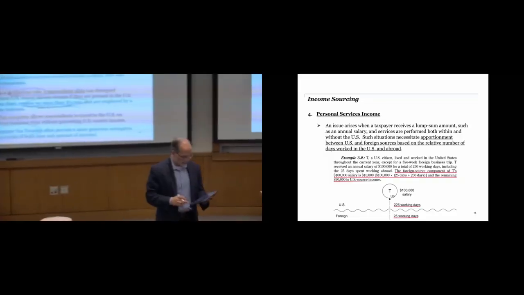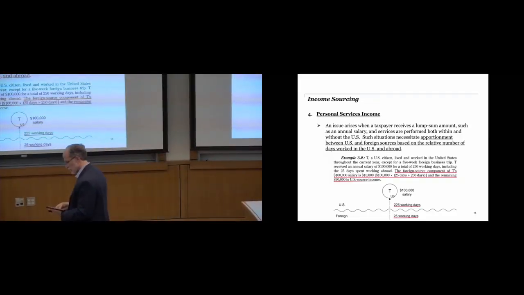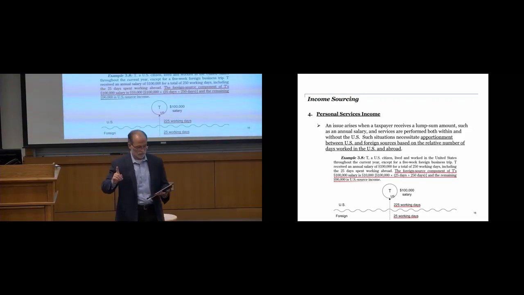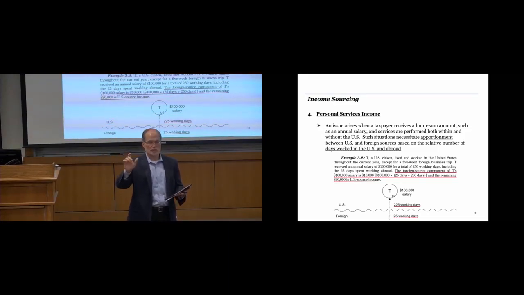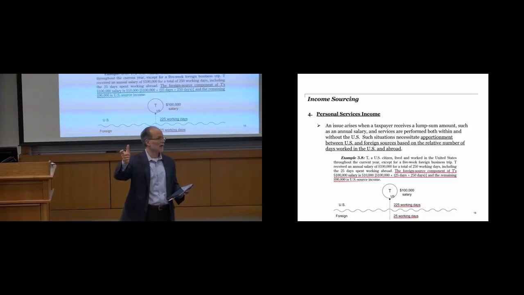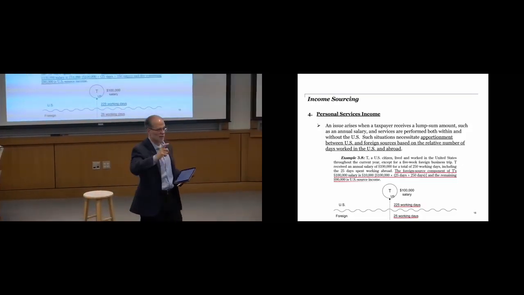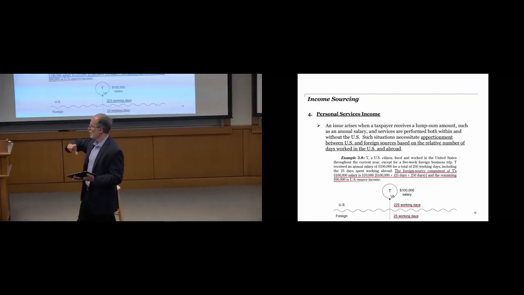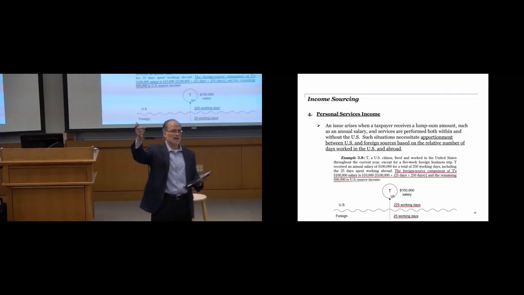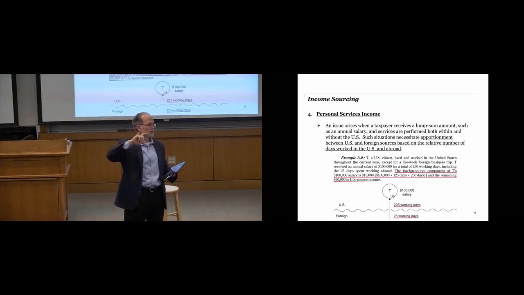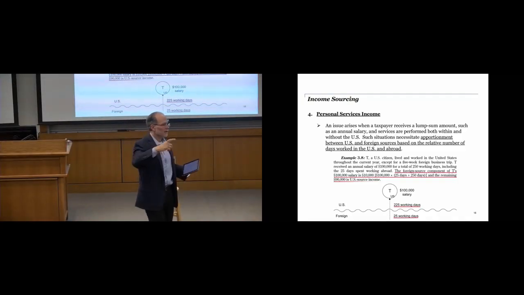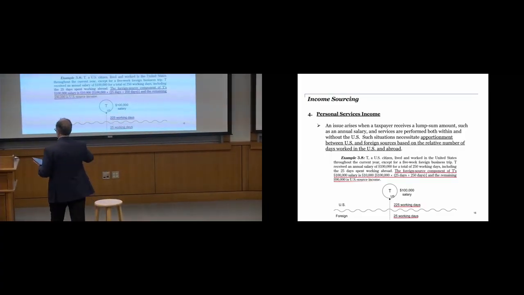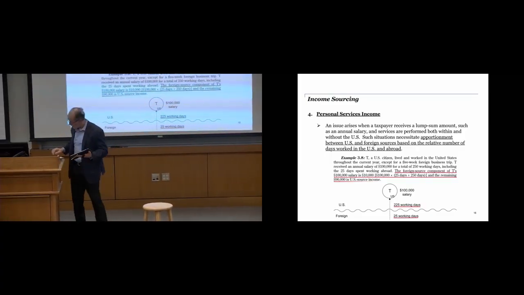Okay, let's do an example here. An issue arises when the taxpayer receives a lump sum amount. So, like, if you start with a salary, you're going to get paid that salary no matter what you do for that company. And if you're splitting your time between countries, then we have to split that compensation between those countries, right? So it wouldn't surprise you that that's going to be on a time spent basis. But we have to deal with that as well. So let's do 3.8. That's your long.